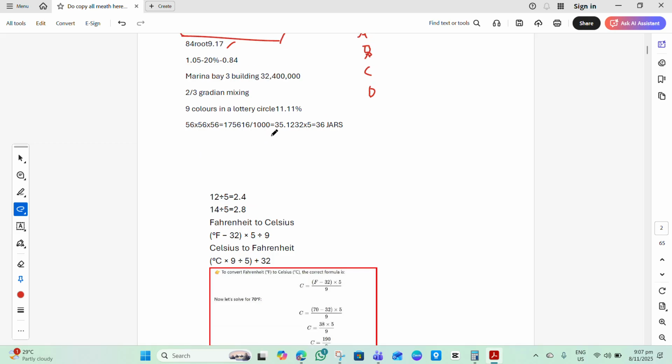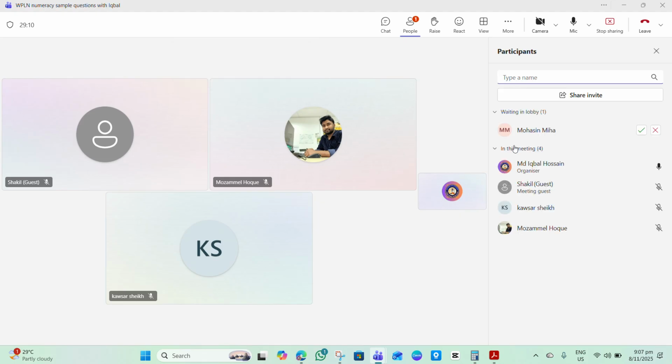This is one type of question. Another question asks about square meters: how many jars will be needed?